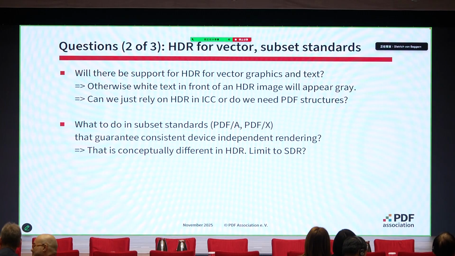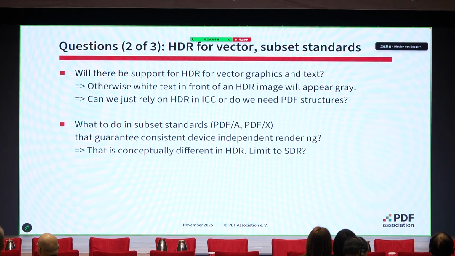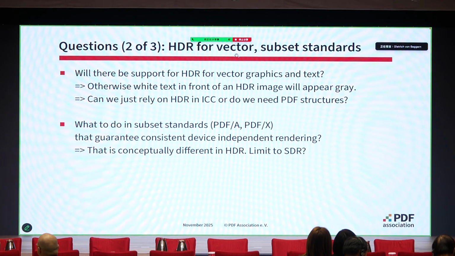And as of today, not much work has happened on HDR for vector graphics. In PDF, you may easily have an image in the background and some white text in front of the image. If the image supports HDR, which means you have a brighter white than in an SDR experience, that white text in front of the image may actually appear gray.